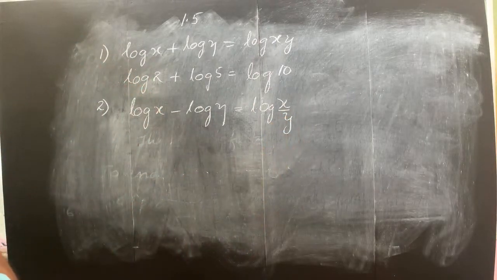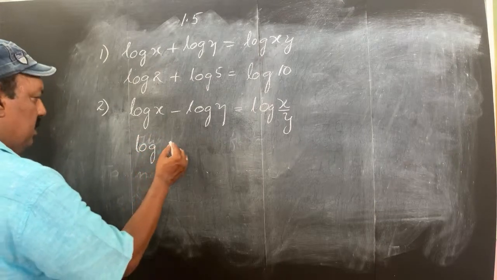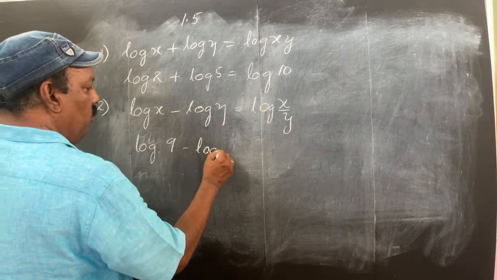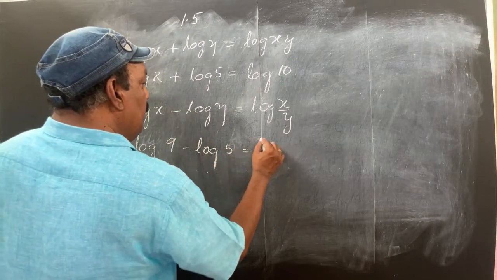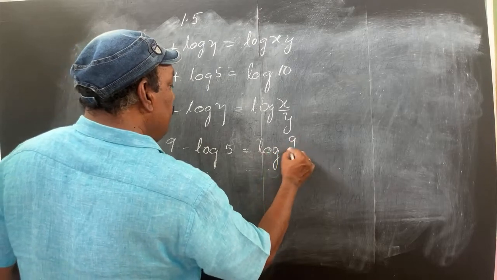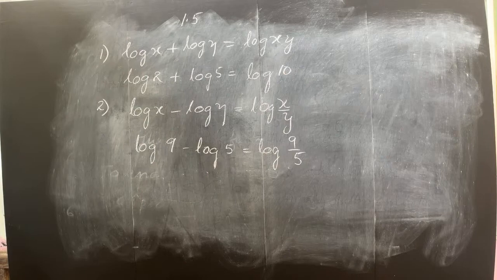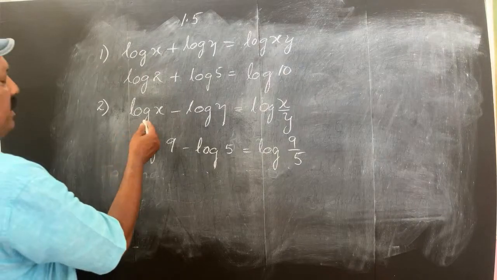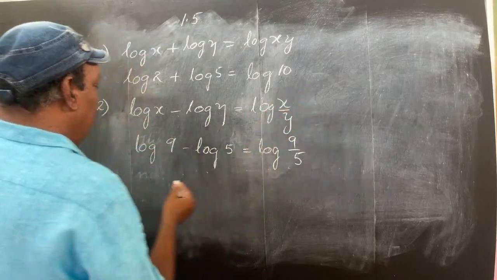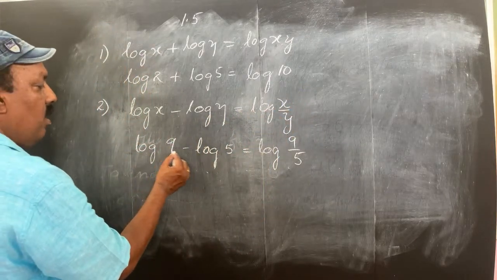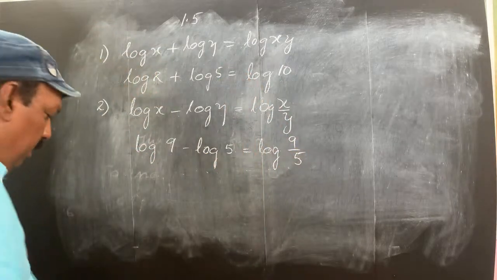Suppose log x is 9 and log y is 5, then we have log 9 by 5. This is the example for the second formula. Once again: log x minus log y is equal to log x by y. Similarly, log 9 minus log 5 is equal to log 9 by 5.